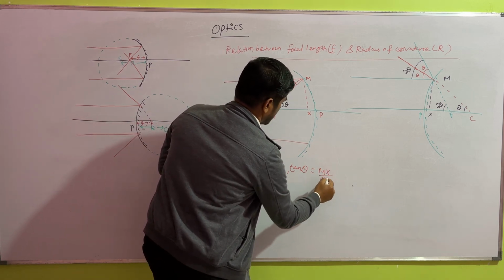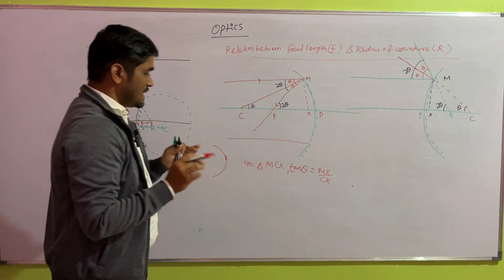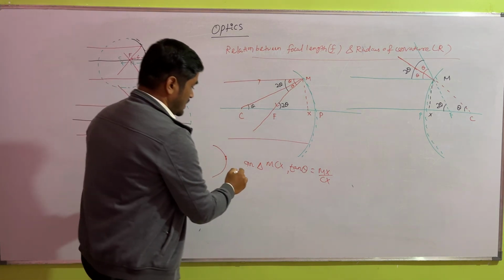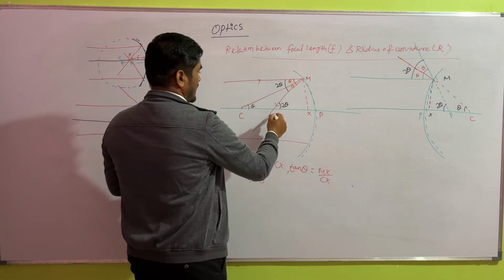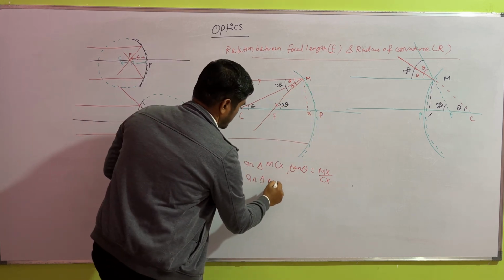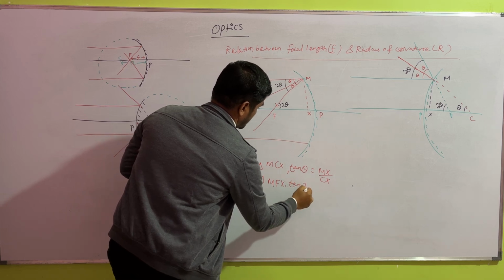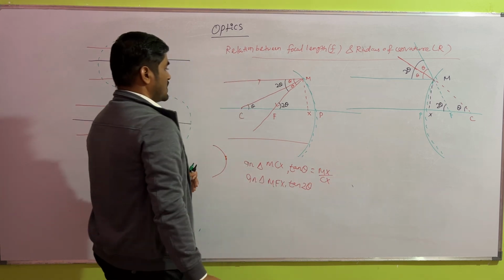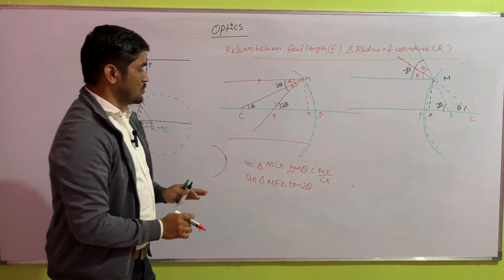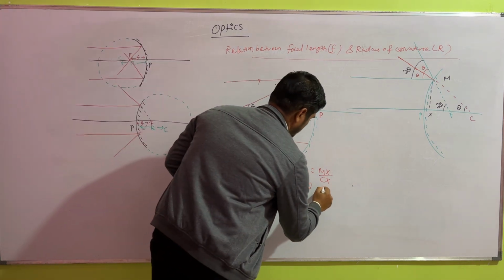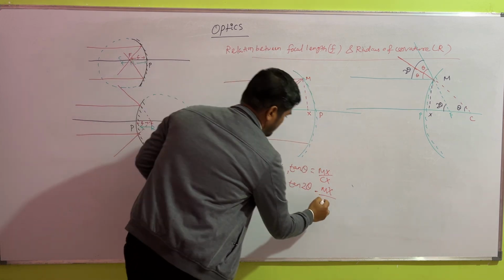And again in triangle MFX, tan of twice theta, tan of 2 theta, is equal to MX divided by FX.